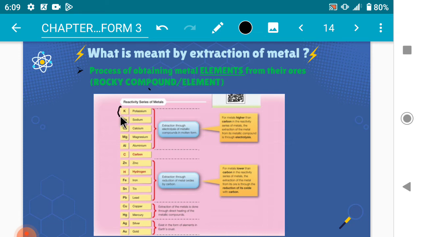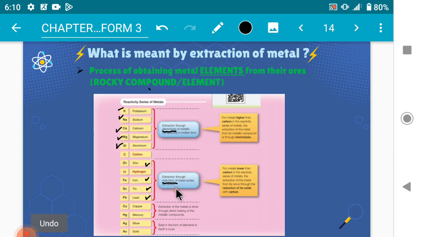So you can see the potassium, the sodium, calcium, magnesium, and aluminum, we need to do electrolysis in order to separate them from their ores, right? So we can use electrolysis. But for zinc, iron, tin, and lead, you need to use extraction through the reduction of metal oxide by carbon.